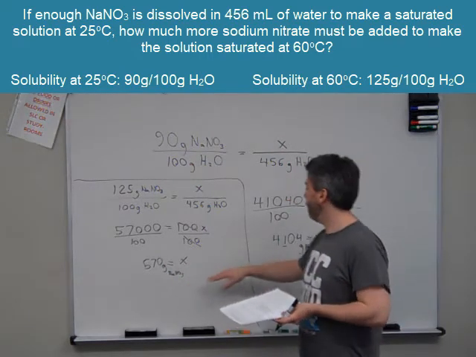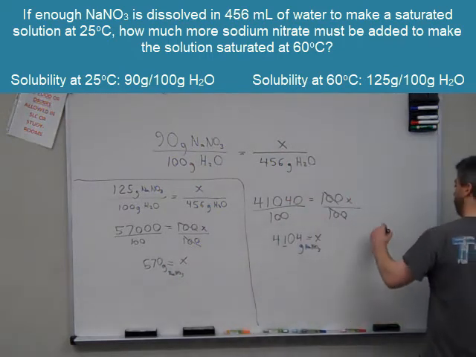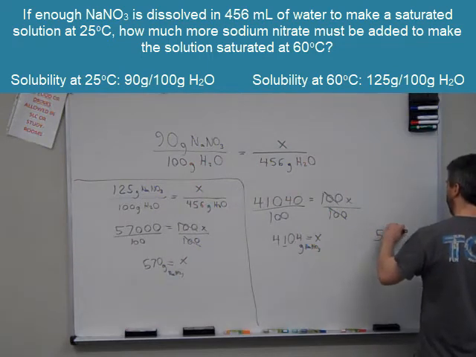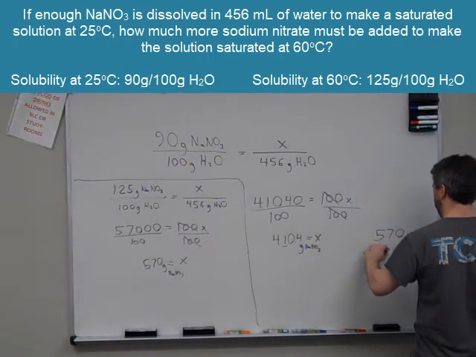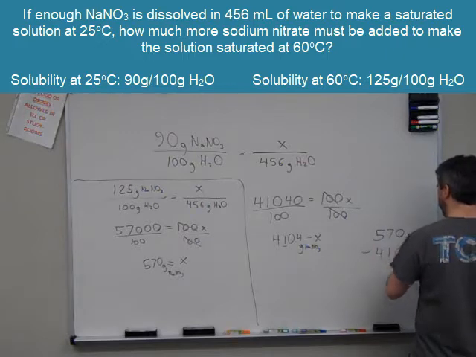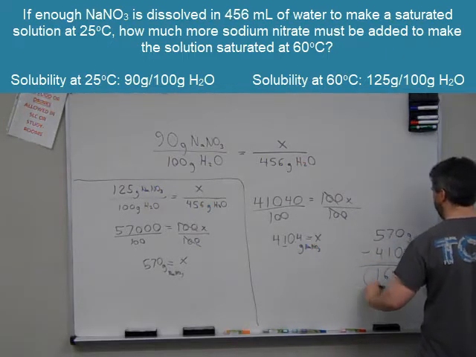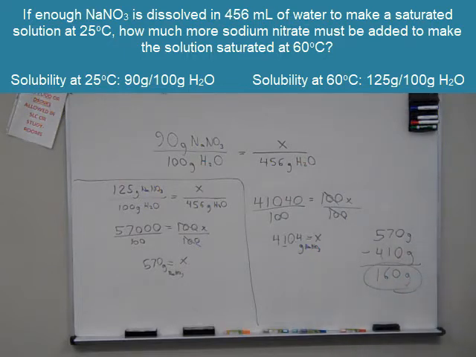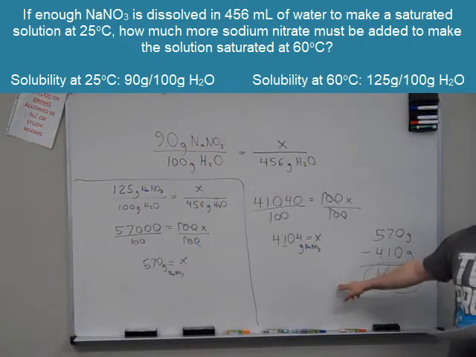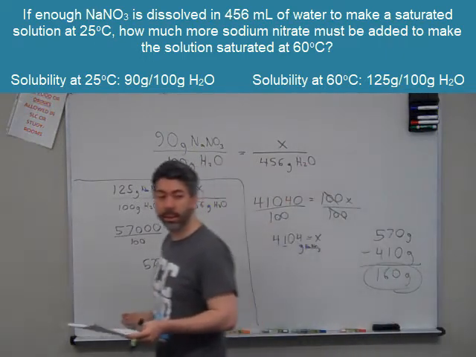So 570 minus 410. Nice easy round numbers. 160 grams would need to be added to the solution at 25 degrees to make it saturated at 60 degrees.